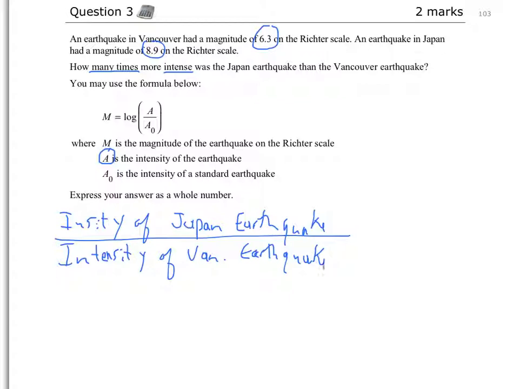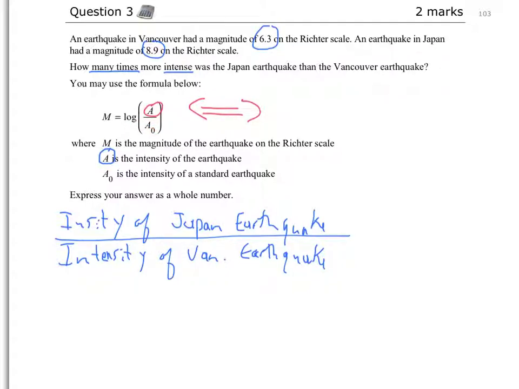Now, in order to get intensity, I need to isolate it. So an equivalent formula for this, I'm going to convert it to an exponential form. We don't see the base, but the base, of course, is 10. So if we go 10 to the power of M, we should get this inside part here.